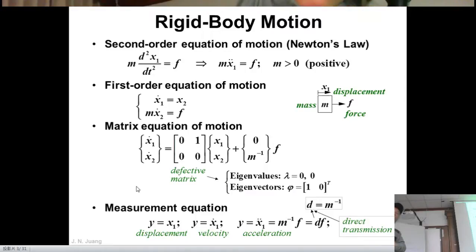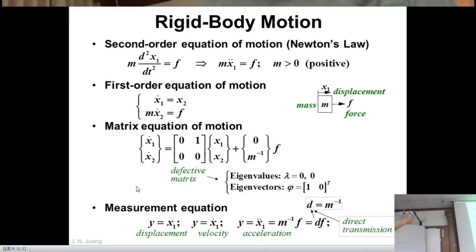I'm going to introduce you to the three basic motions for mechanical systems. This is one of them, called rigid body motions.